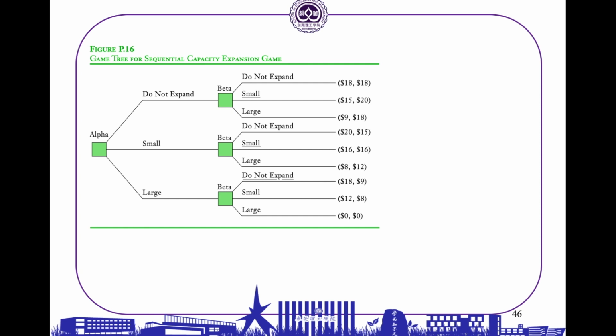You can consult the book Games of Strategy in our resource bank. Followed by each knot, there are branches of actions. For example, if alpha chooses do not expand, then beta will observe the choice and choose among his capacity expansion plans.